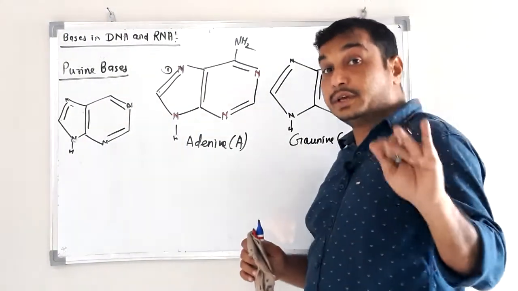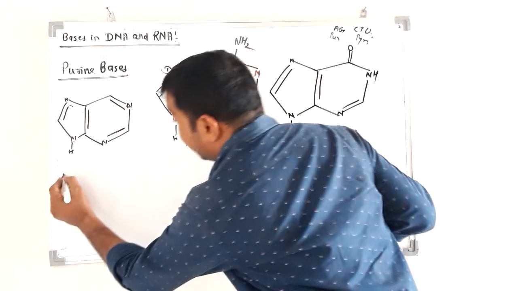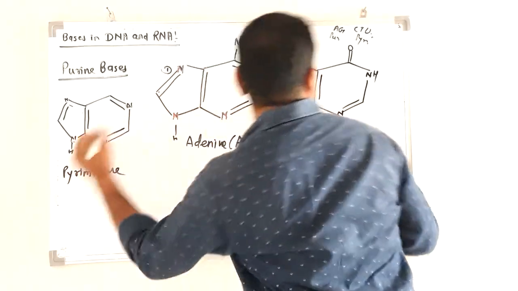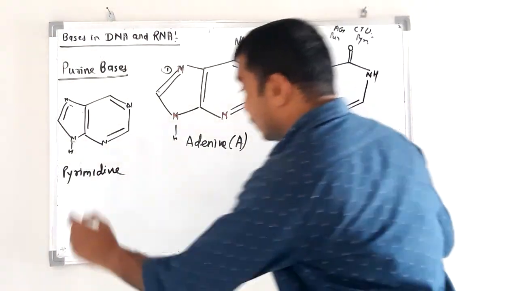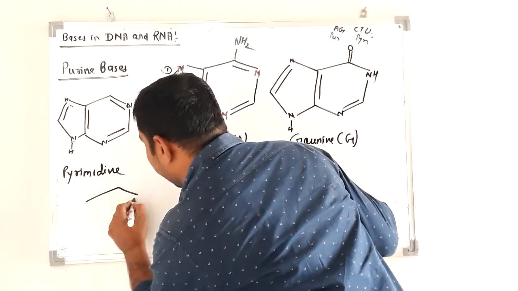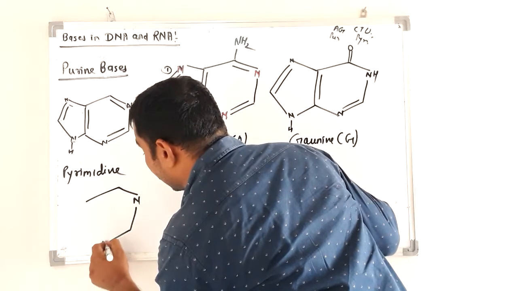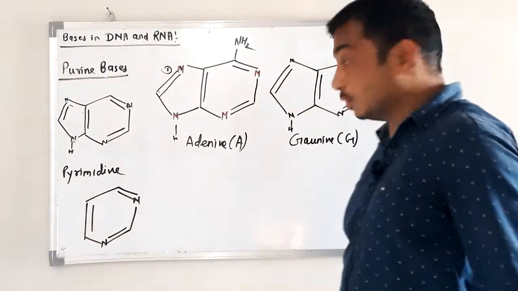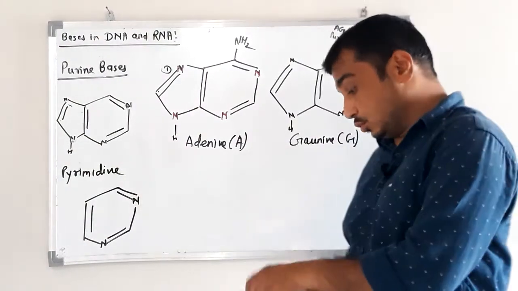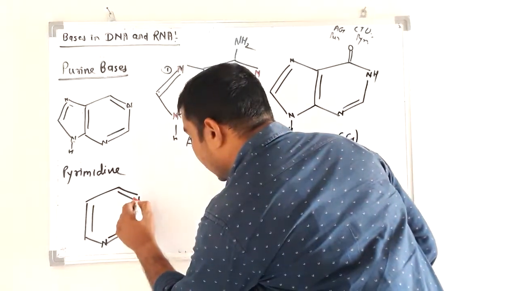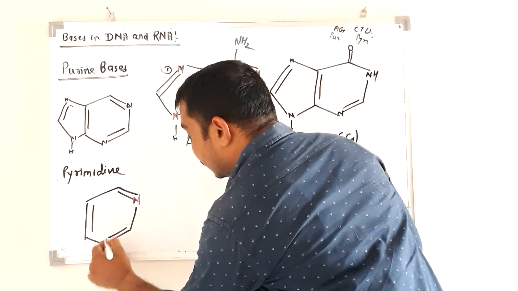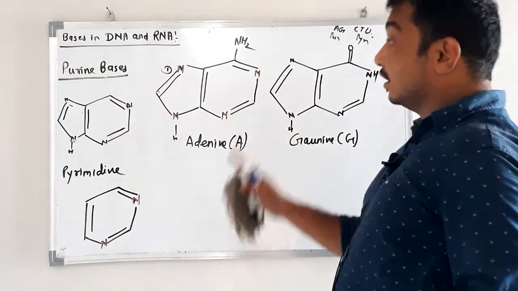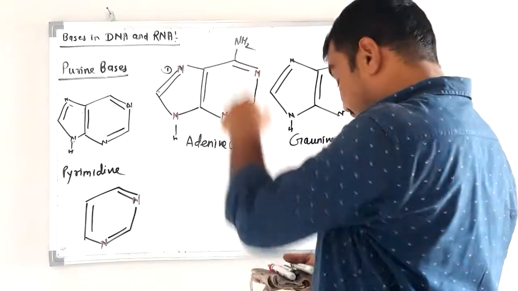And three pyrimidine bases are also present. Pyrimidine. First, we know the pyrimidine ring is a monocyclic heterocyclic ring. This is the pyrimidine ring, with two nitrogens, one here and one here. Now, the pyrimidine ring containing compounds present in DNA and RNA.